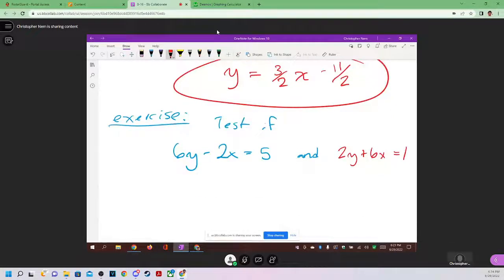Test if these two equations are parallel, perpendicular, or neither. I want you guys to try that as a little exercise, and then I'll call it that.